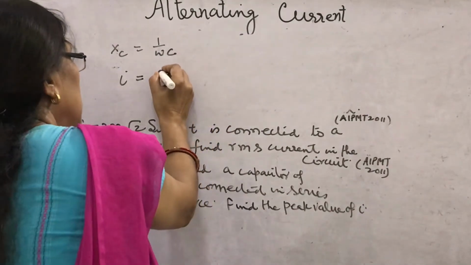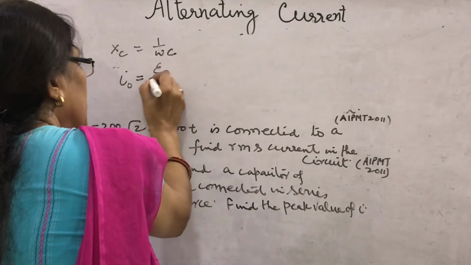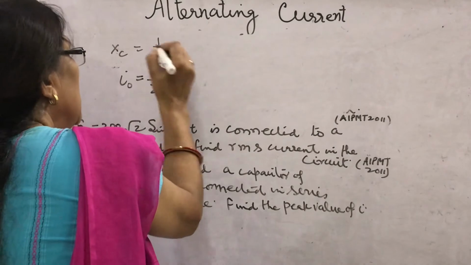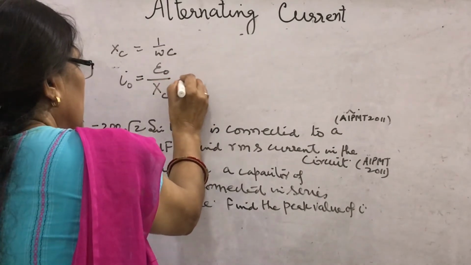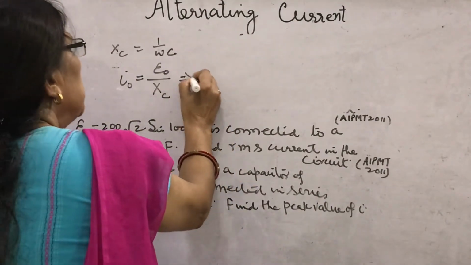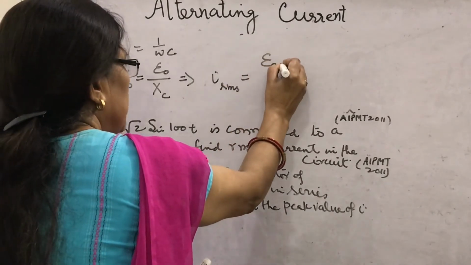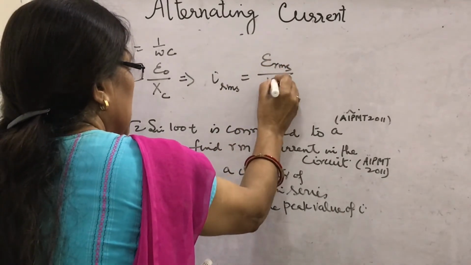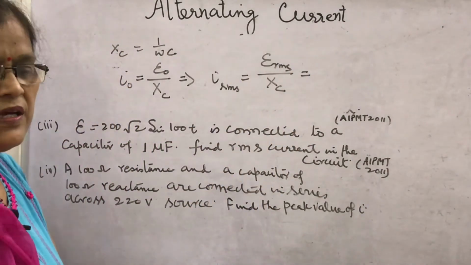I naught is given by E naught upon Z, that is, XC. Then how will you find the RMS current? RMS current can be given as I RMS equal to E RMS upon XC. Put the values, and simply you will get the answer.